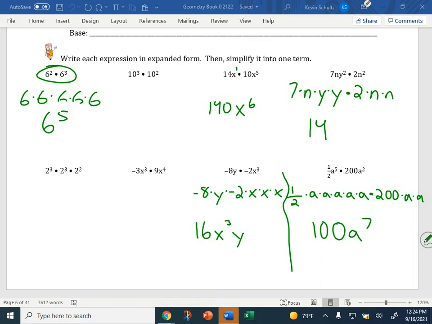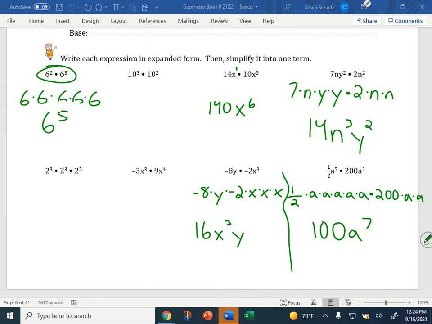Look for our like bases. How many n's do we have total? Good, 3. So n cubed. How many y's do we have total? Excellent, 2. So y squared. So 14n cubed y squared. That is the best order, again, that higher exponent first, but if you put y squared n cubed, there are worse things you could do.